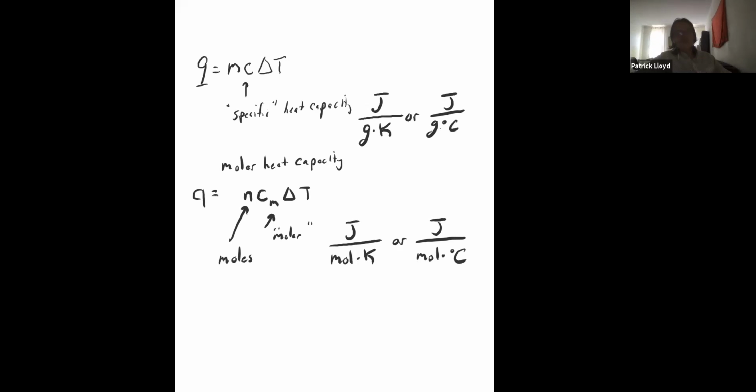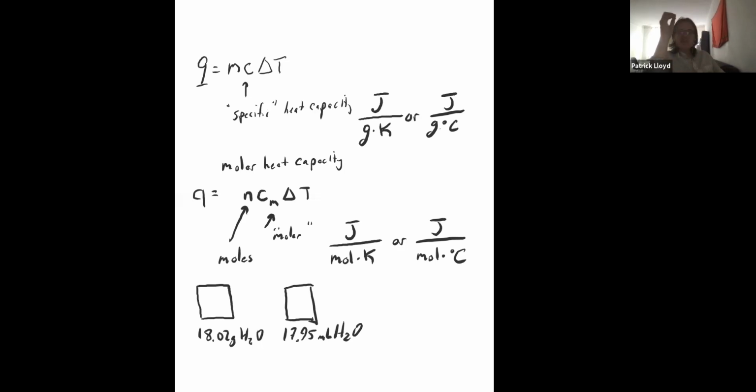So all we're doing is we're substituting moles for grams. So what does that mean? Think about it this way. I could have 18 grams of water, 18.02 grams of water, right? That would be a measure of how much water we have. I could also say that that corresponds to 17.95 milliliters of water.